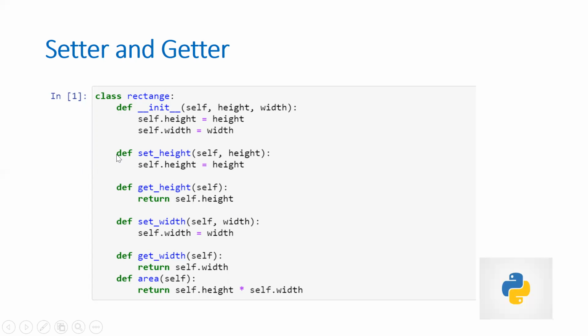Now I created some extra functions, two kinds of methods, which are used for set and get. In the set function we will assign a value, and in the get method we will return that value. Okay. So here we had two attributes, height and width.